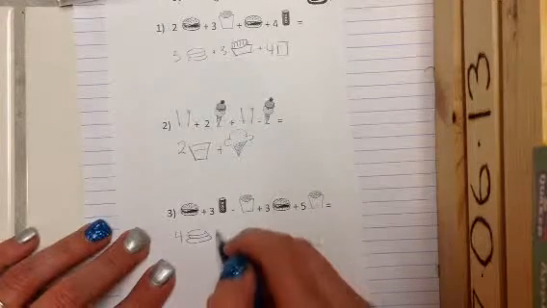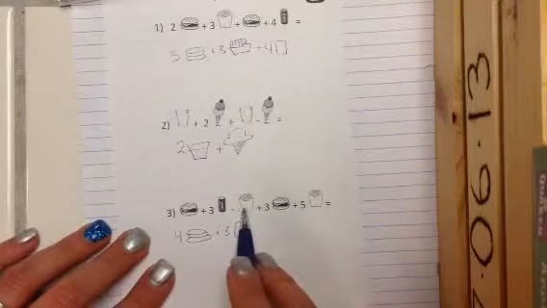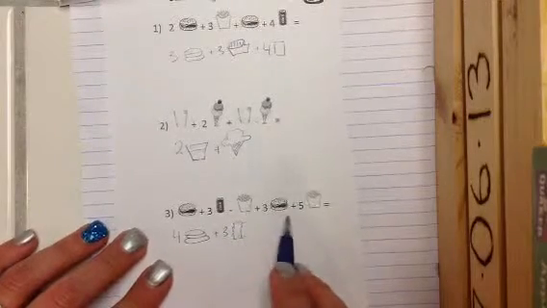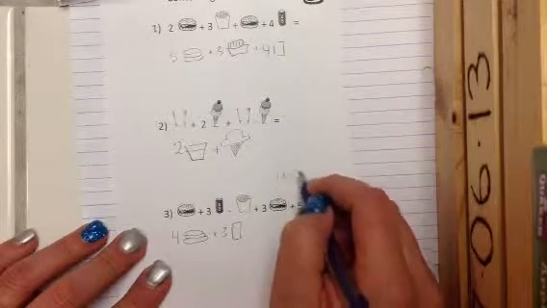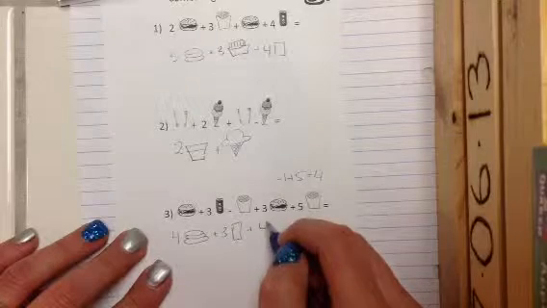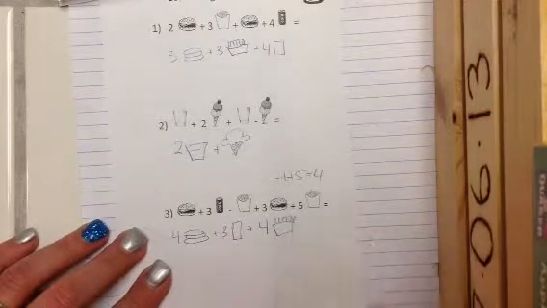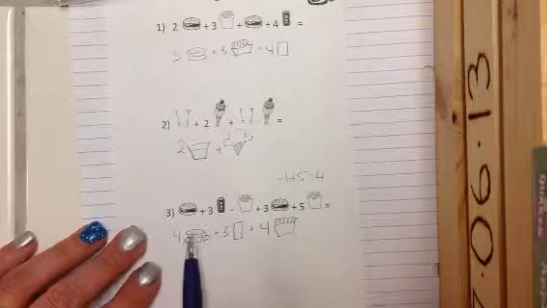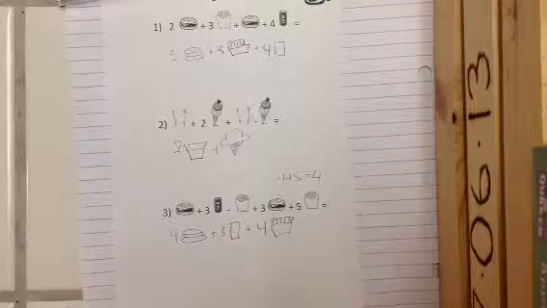Nothing else to combine it with, so we just leave it as 3 colas. And then I have a negative French fry plus 5 French fries. Well, -1 plus 5 equals 4, so I am left with 4 French fries. Your final answer should be 4 hamburgers plus 3 colas plus 4 French fries.